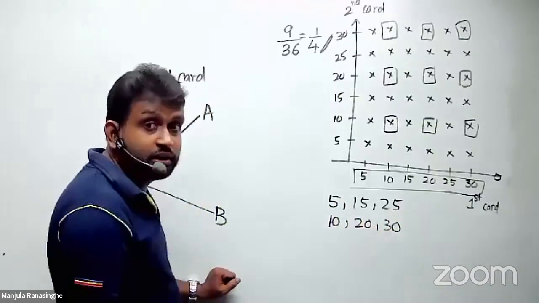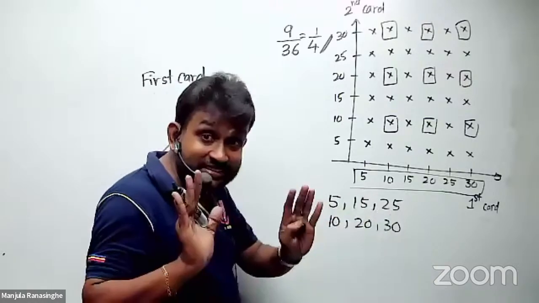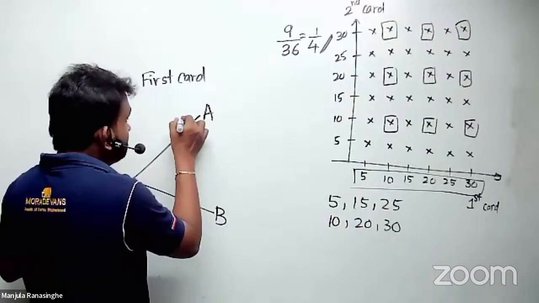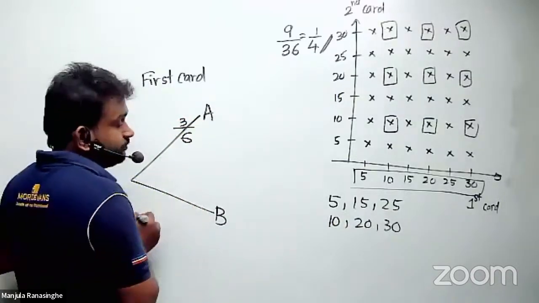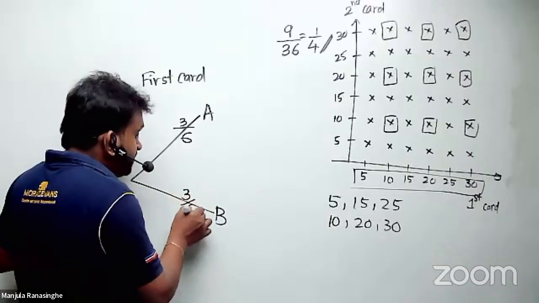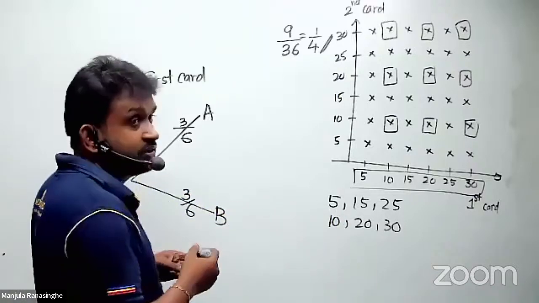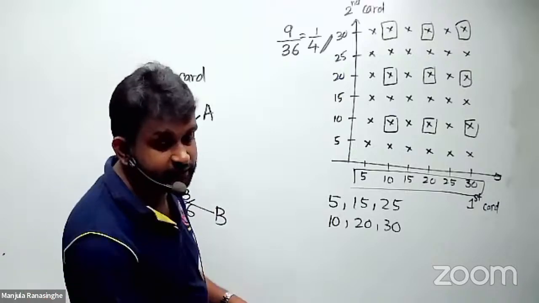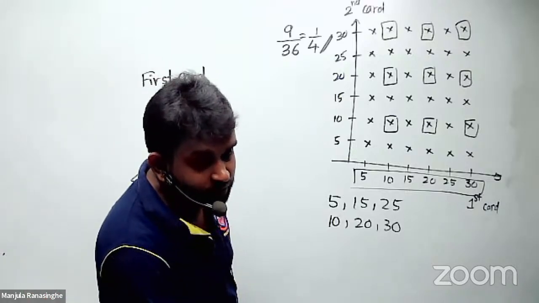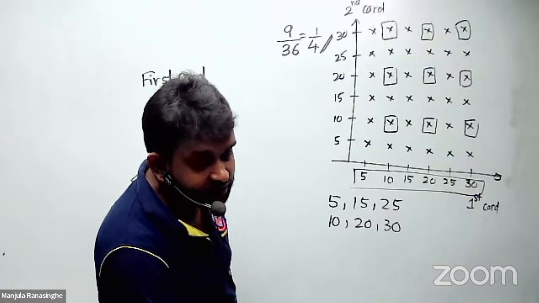So how many total cards? 6. Out of that, 3 are only the multiples of 5, that means 3 upon 6. B is multiple of 10, that is 3 upon 6 also. Then using the tree diagram, find the probability.